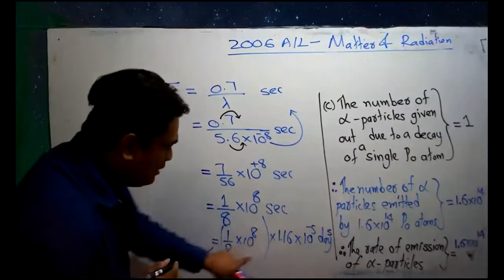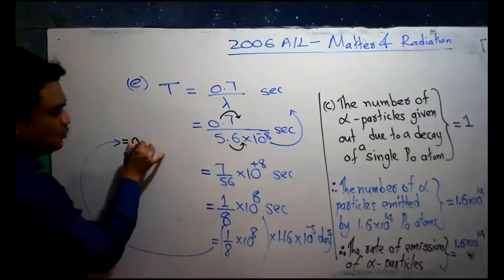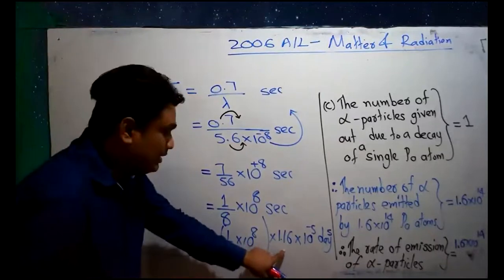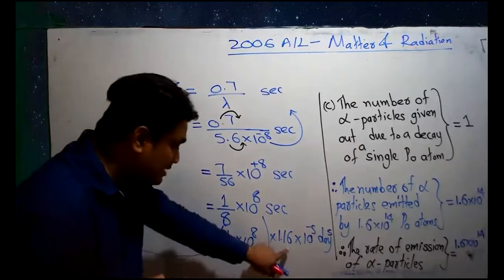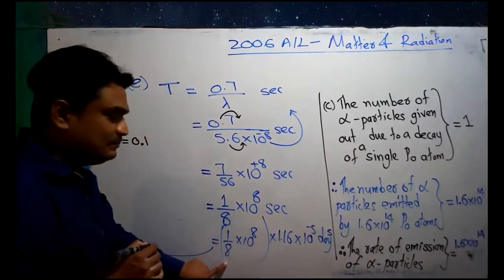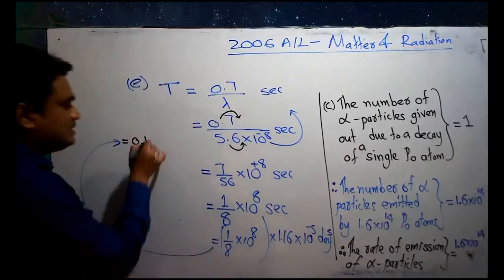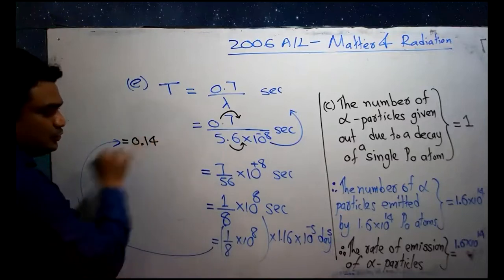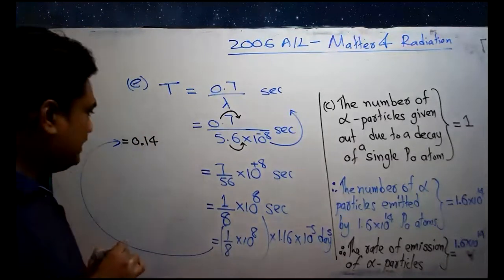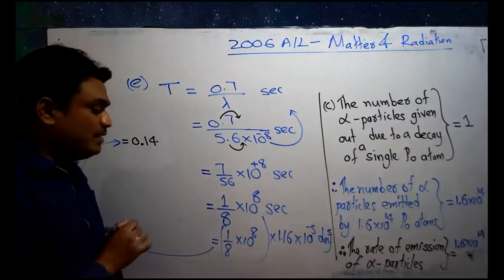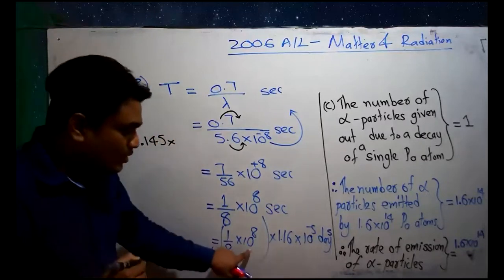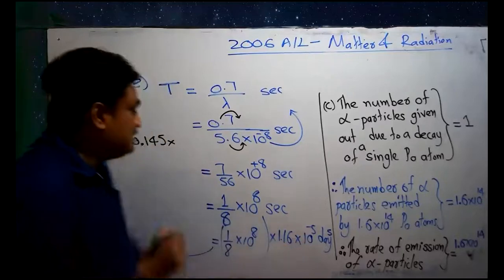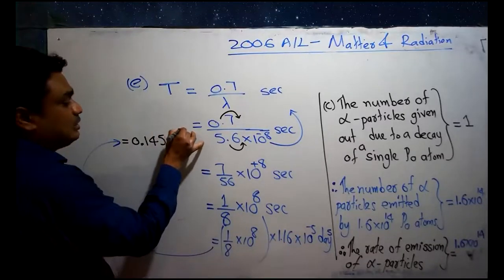Let's divide here. 1 divided by 8 is 0. 1 and 1, 11. 11 divided by 8 is 1, 3 remaining. 36 divided by 8 is 4, 32. Then 4 remaining. 40 divided by 8 is 5. Into 10 to the power 8. 10 to the power minus 5 means 10 to the power plus 3.